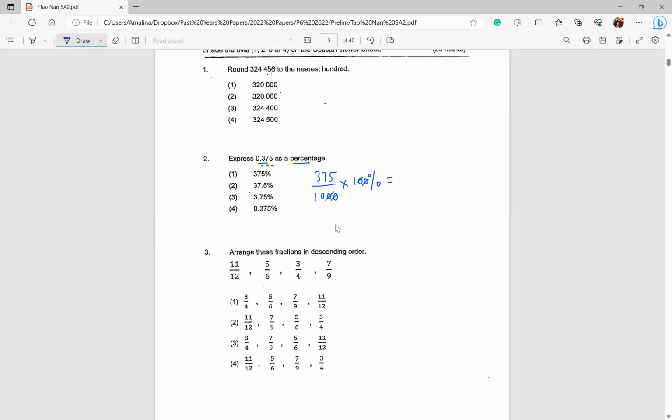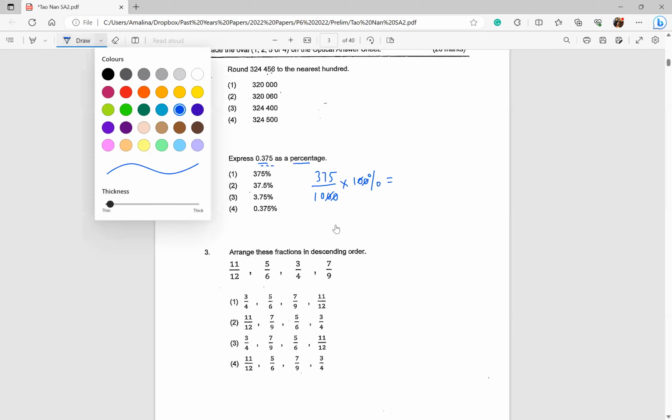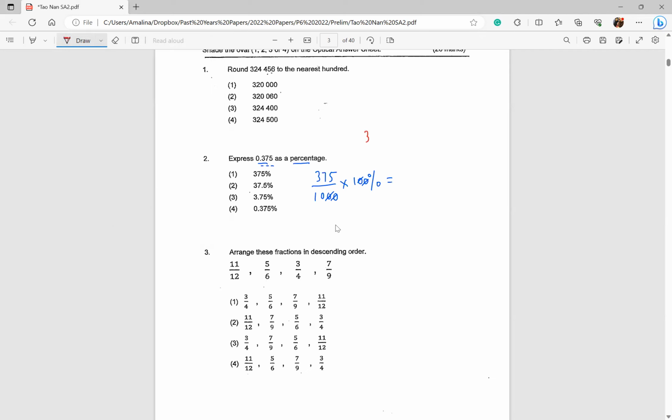If you recall, 375 over 10 is as good as 375 divided by 10, which means I will have to move my decimal point back by 1 space to the left. So I get 37.5, so you get 37.5%.